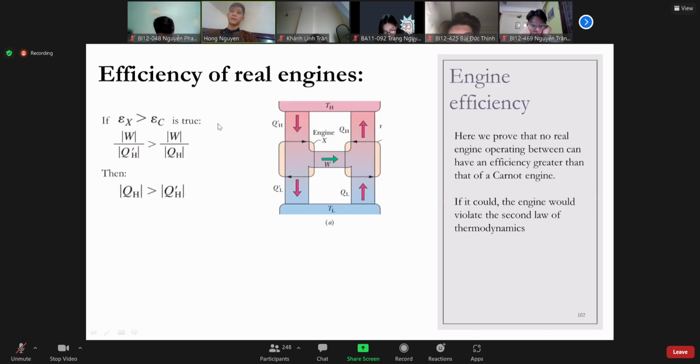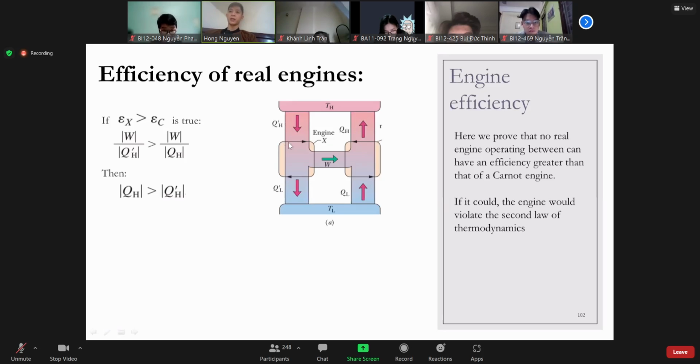If our claim is true, then this one should be bigger than this one, right? Here, this is the efficiency of the X engine, right? And it should be bigger than this one. This one is the Carnot engine. You agree with me? Then we should have the QH bigger than Q prime H here.